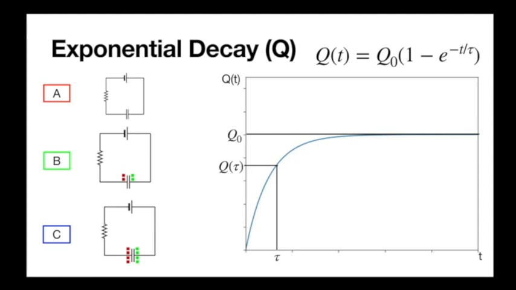But the most general thing we know about this is that going from point A, our starting point, where there is no charge, to point C, where the capacitor is full, we're going to grow. But then also, we know that over time, it becomes harder and harder to put charge onto the plate.